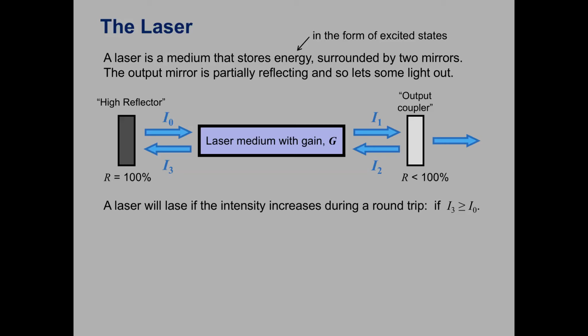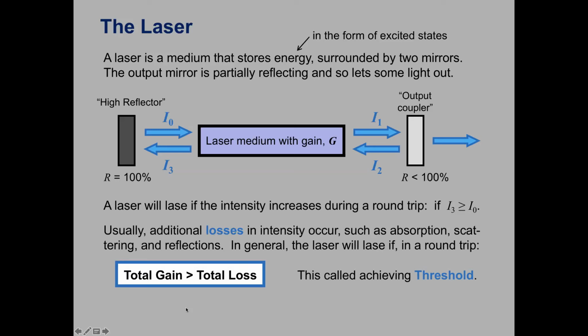What goes into this? We have to remember that there are going to be losses in the material. Some of the photons that travel through the gain medium will be amplified, but others are going to be absorbed by atoms and cause things to heat up. So usually there are losses in there as well.